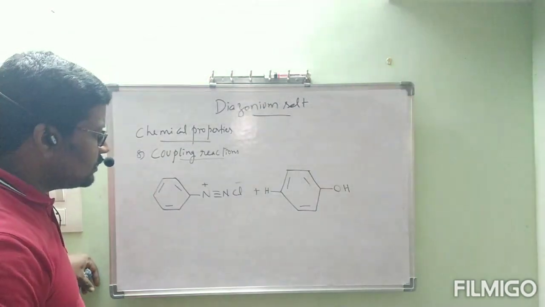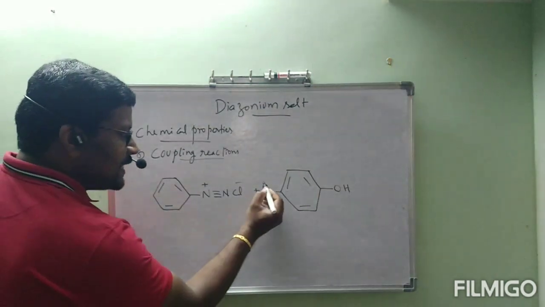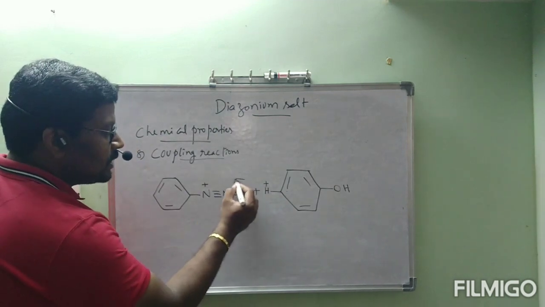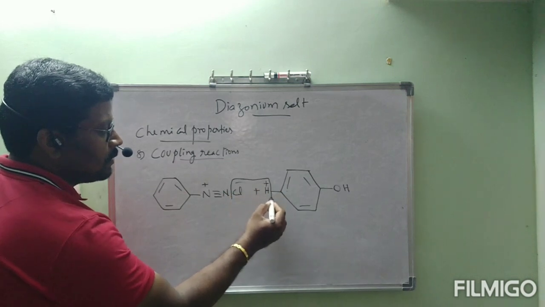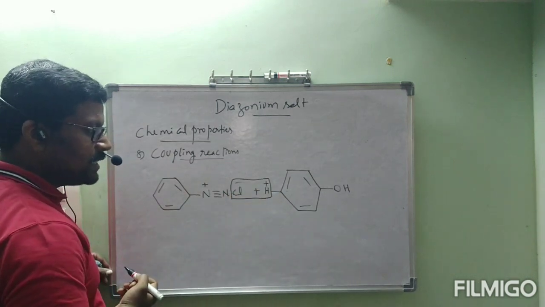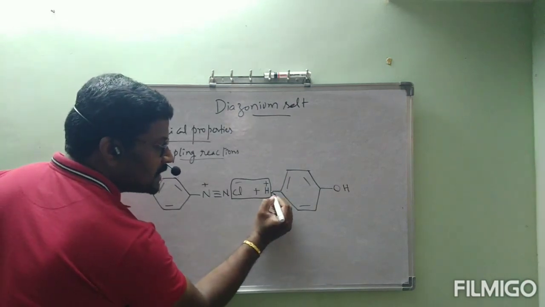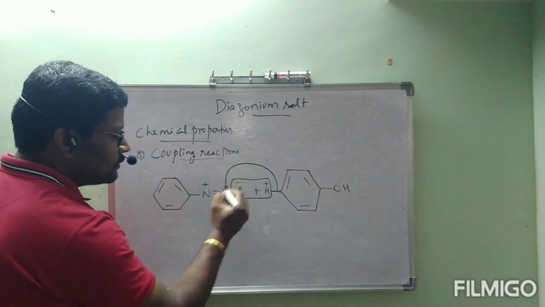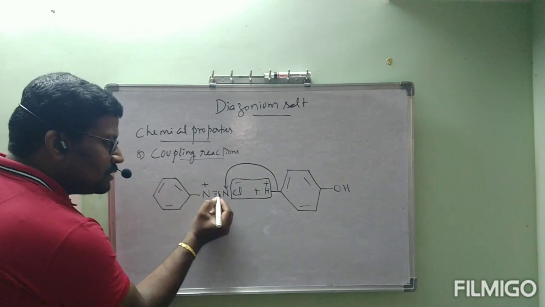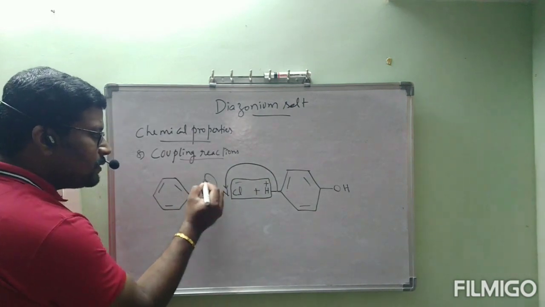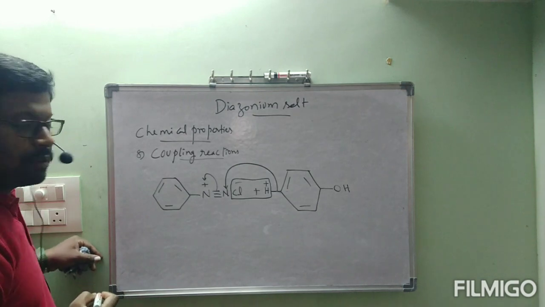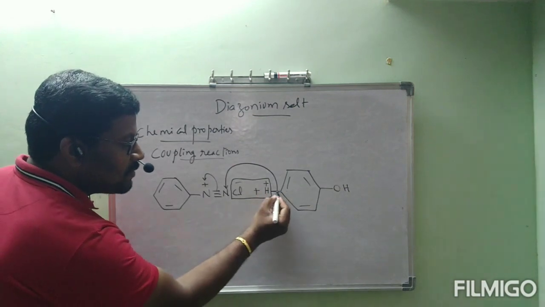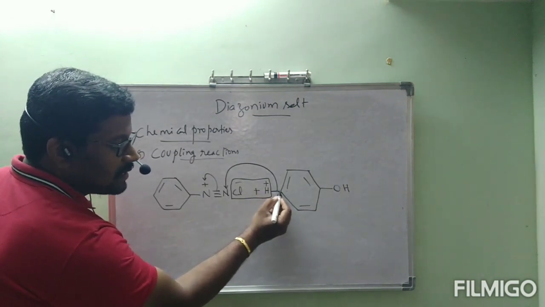Now what is going to happen? Correctly observe. This is H plus, this is Cl minus. Both are removed as HCl. This C-H bond is going to be donated towards C as C minus.